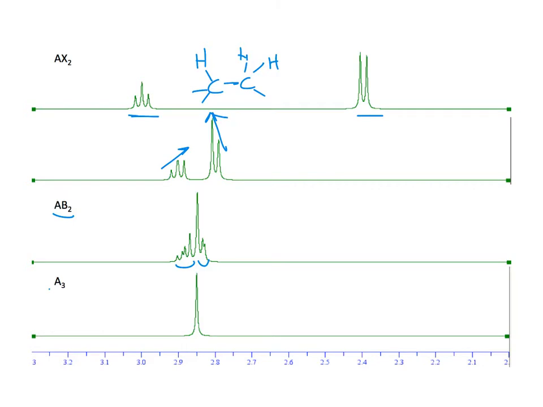And then as they all become equivalent, then it's just A3. Okay, so as the chemical shift difference becomes small between coupled protons, then we get these type of second order effects.